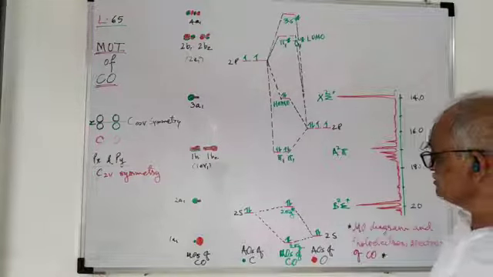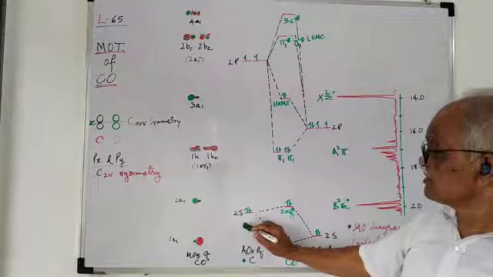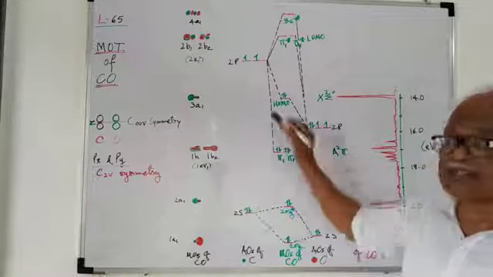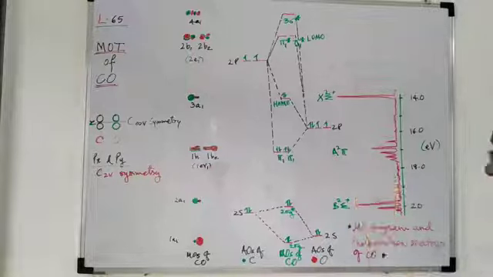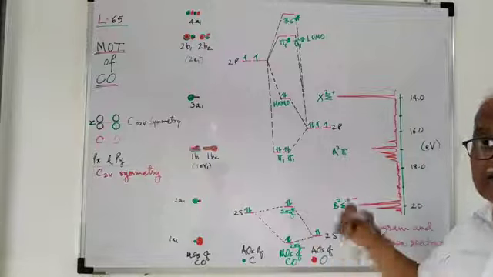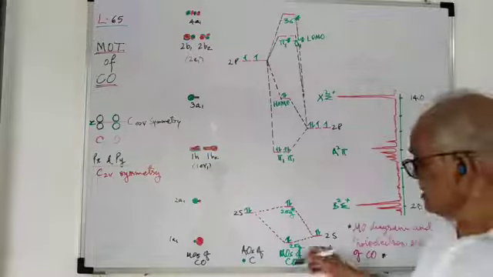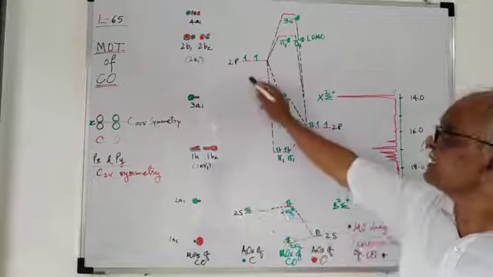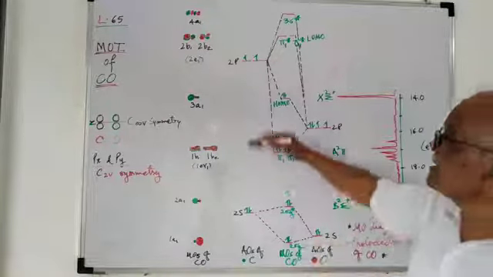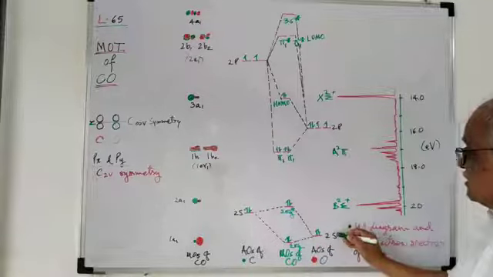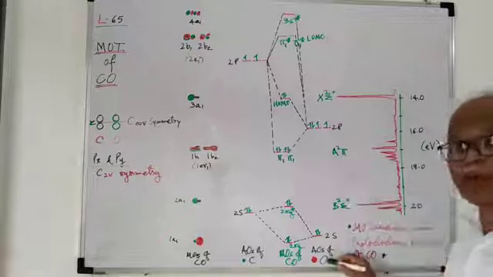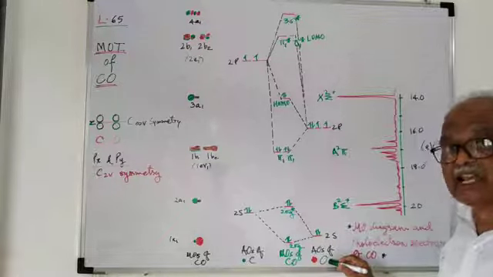Now the electropositive atoms have atomic orbitals with relatively higher energies compared with the same energy levels of the electronegative atom. So the energies of the atomic orbitals of an electropositive atom like carbon are higher compared to the energies of the atomic orbitals of a more electronegative atom like oxygen.